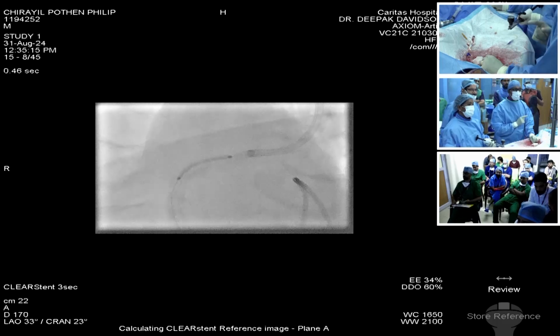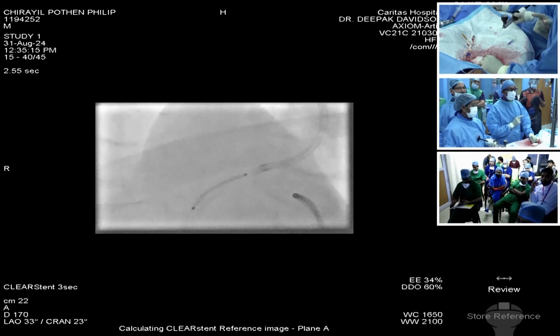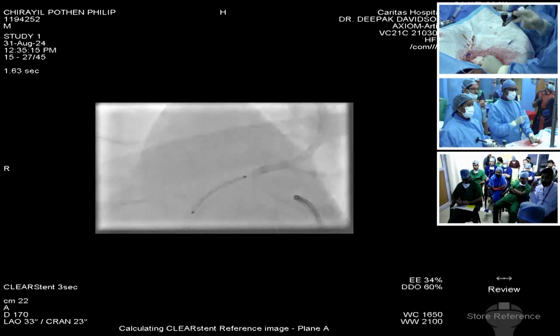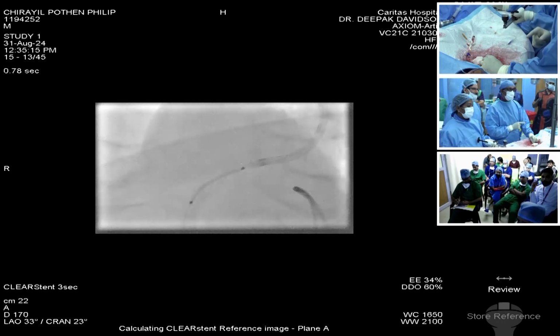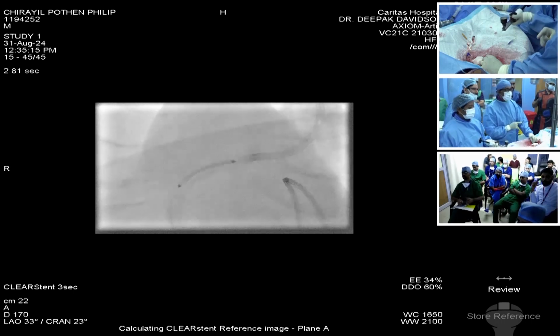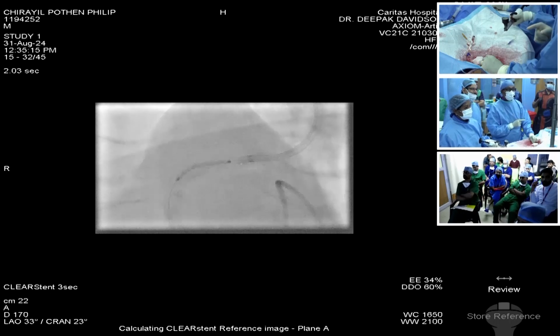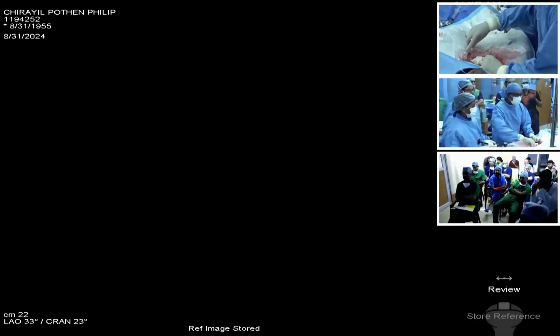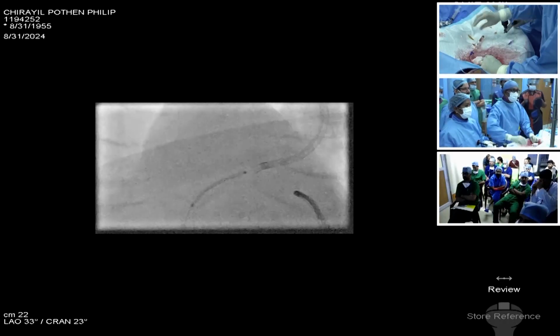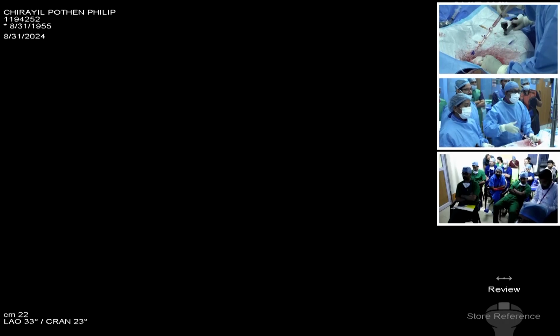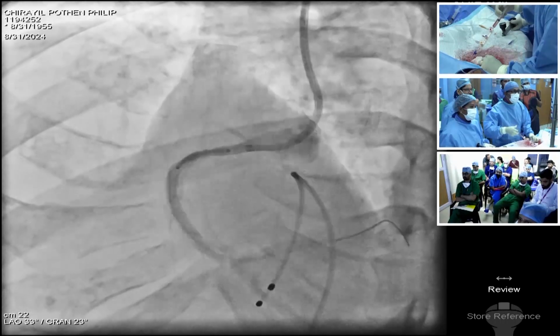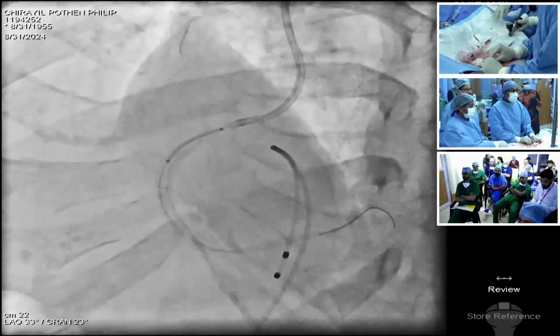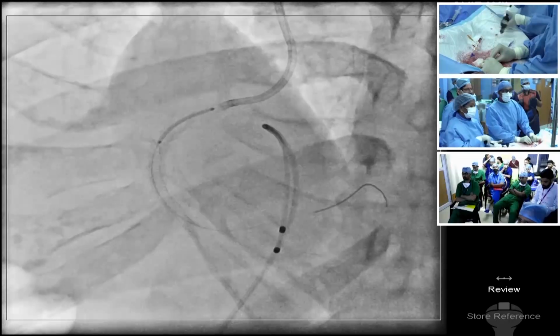We'll take a small cine and then this side. We are just there. If at all 1 millimeter, we'll go distally. That's more than enough, I think. Only the marker is overlapping, not the stent. Some gap is there. Proximally, we are good. Probably I'll push it a millimeter slightly. Okay, go ahead.